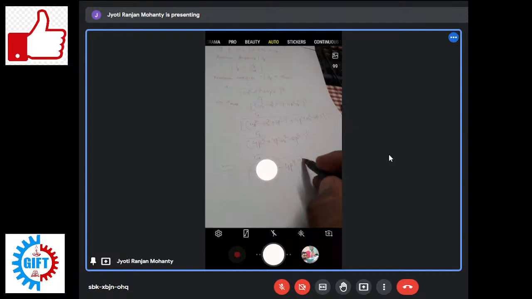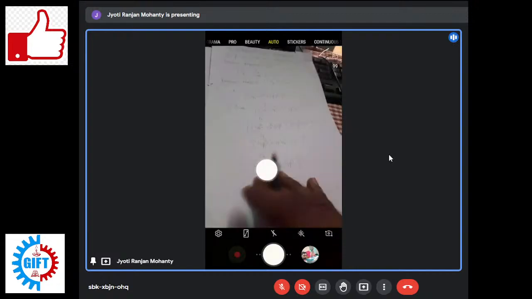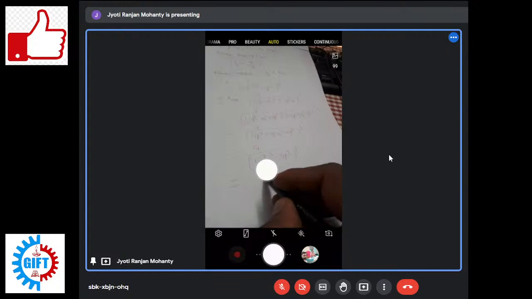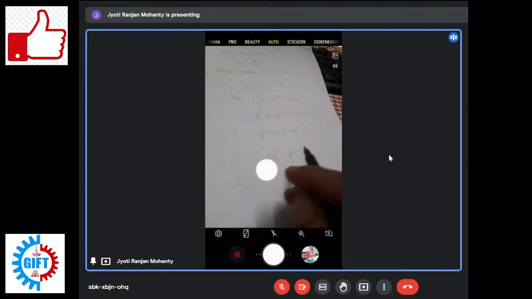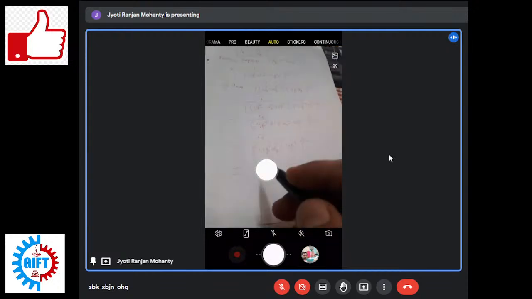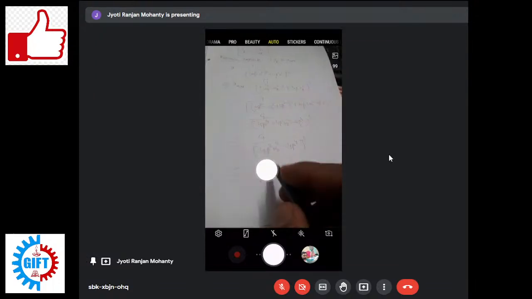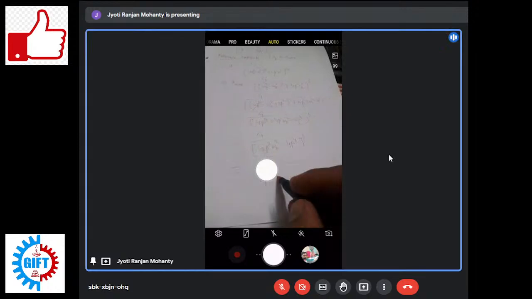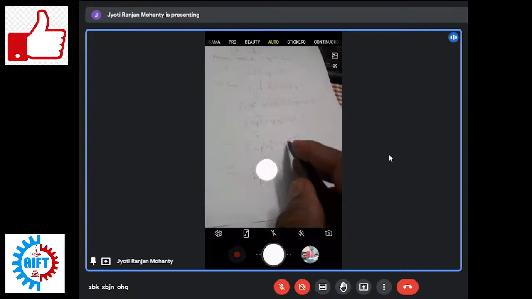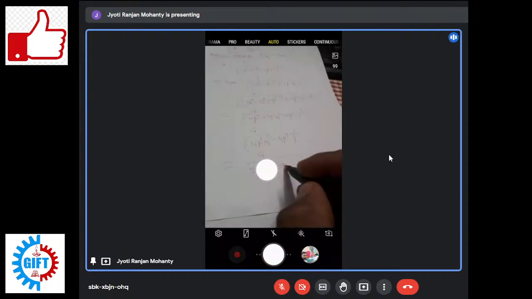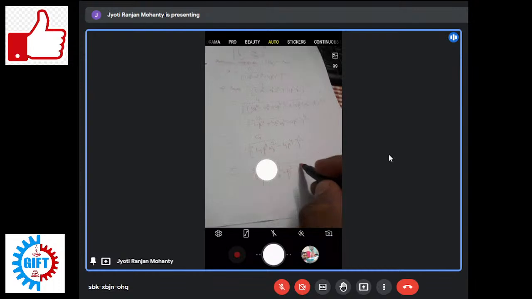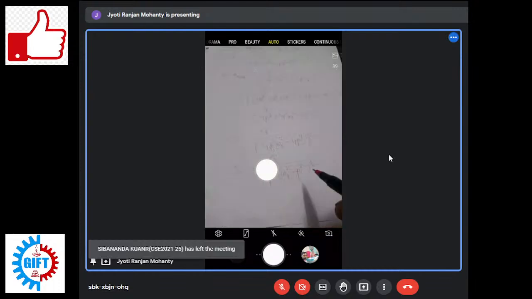Okay? What do we take common? 4 beta square will be taken common. If you take 4 beta square common, square root is equal to 2 beta. Omega naught square minus 4 beta square we have taken, only left beta square under root. Understood?